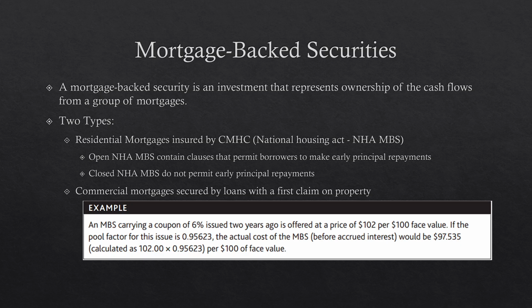Now if the pool factor for this issue is 0.95623, then the actual cost of the mortgage-backed security before accrued interest would be $97.53, which is just calculated as that 102 times the 0.95623. So that's how you would calculate the actual cost of mortgage-backed securities, just with that quick example.